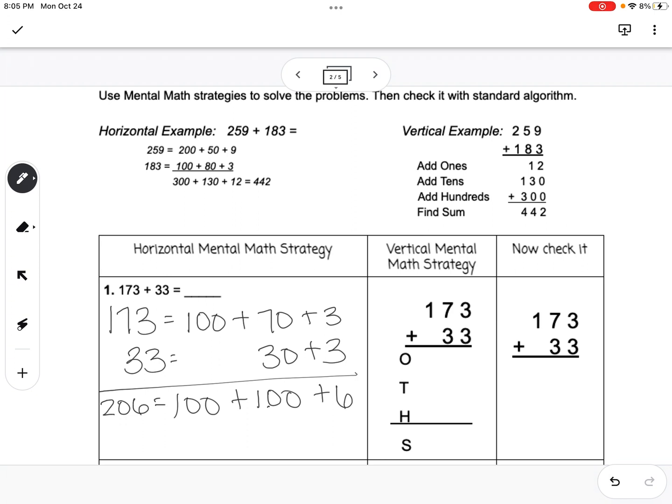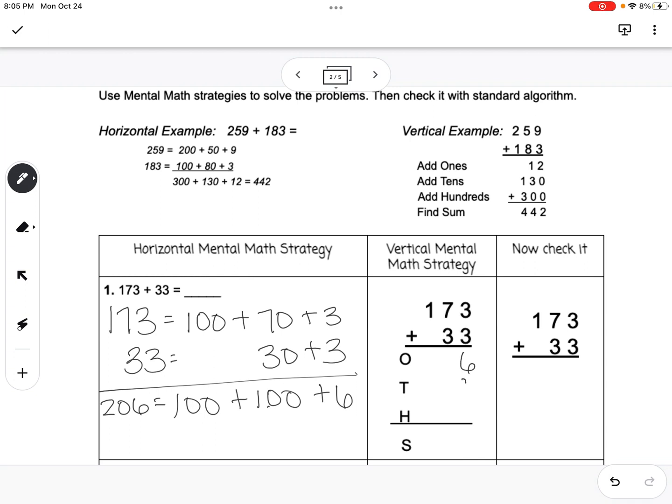So now let's move on to that vertical mental math strategy. So again, we have stacked it up. So we've aligned our ones with our ones, our tens with our tens, and our hundreds with our hundreds. And we're going to add our ones first, then our tens, then our hundreds before we find our total sum. So ones, 3 plus 3 equals 6. Moving on to our tens.